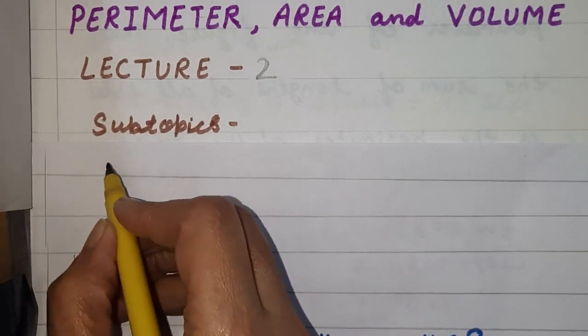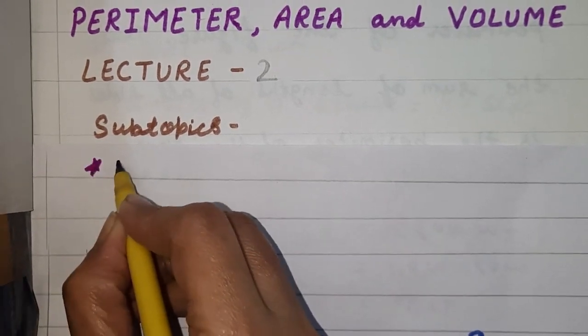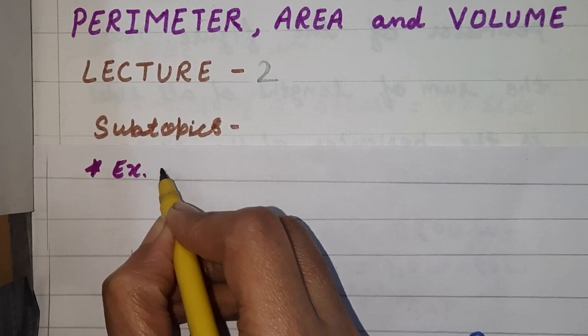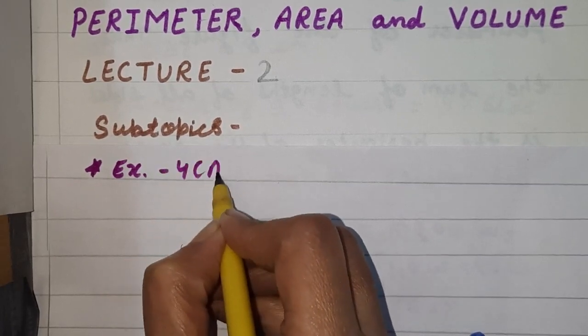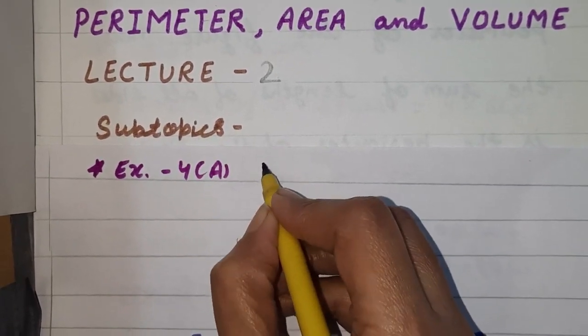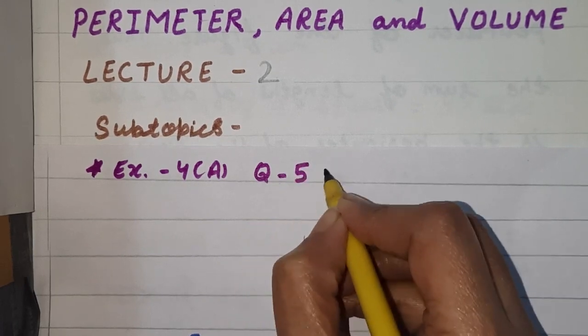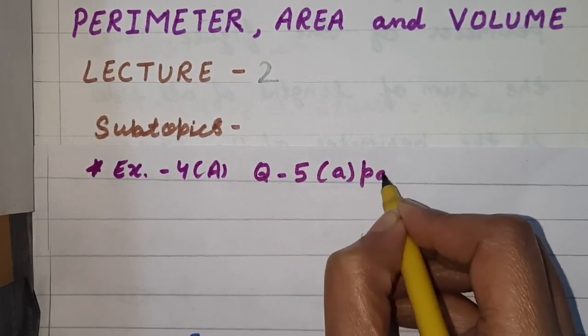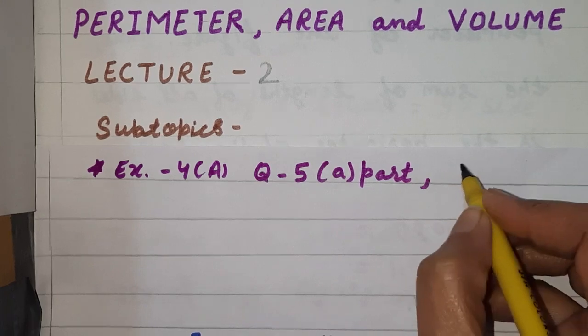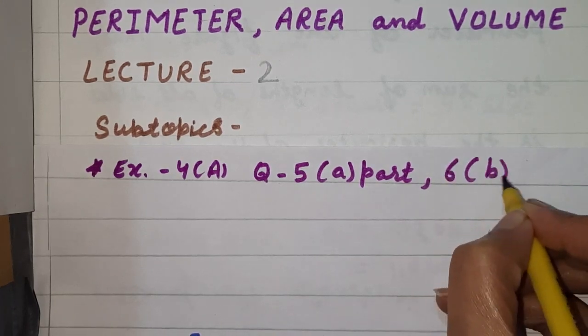Today's subtopics are exercise 4A, question number 5, A part we will do. Question number 6, B part we will do.